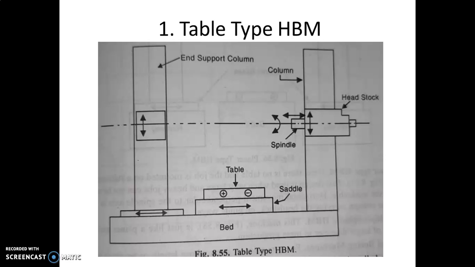This method of boring with the longitudinal feed of the table is employed when the holes are of considerable length and bending of the boring bar is possible. Machines of this type, with high spindle running accuracy and high positional accuracy along the two axes of traverse which are at right angles to the spindle axis, are known as horizontal jig boring machines.